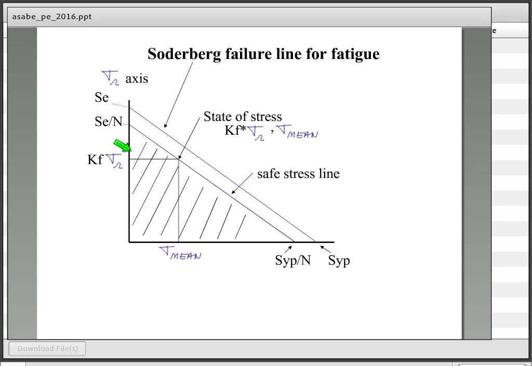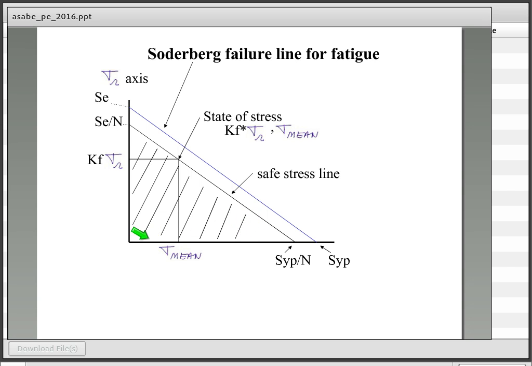But if we have range loading, that is cyclical loading, combined with a mean stress level, then we begin to have to diminish the cyclical stress level as we increase the mean stress level.